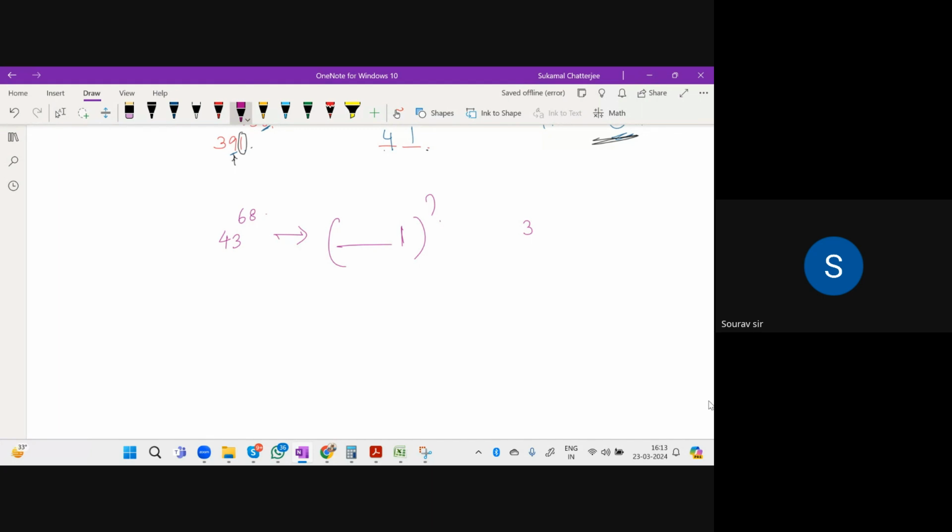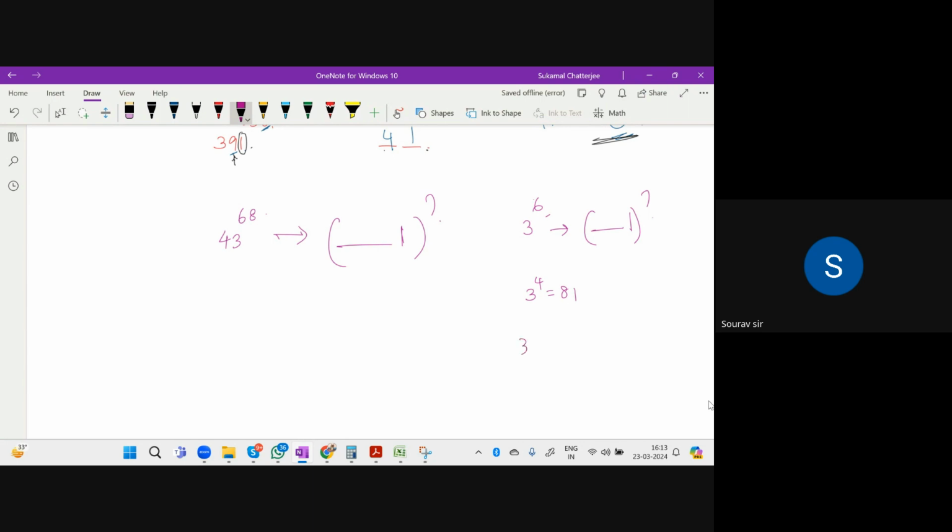3 to the power 6. Now let me do it using the previous rule. I'm going to try to convert this into something whose last digit is 1 and to the power of something. 3 to the power 4 is 81, correct?